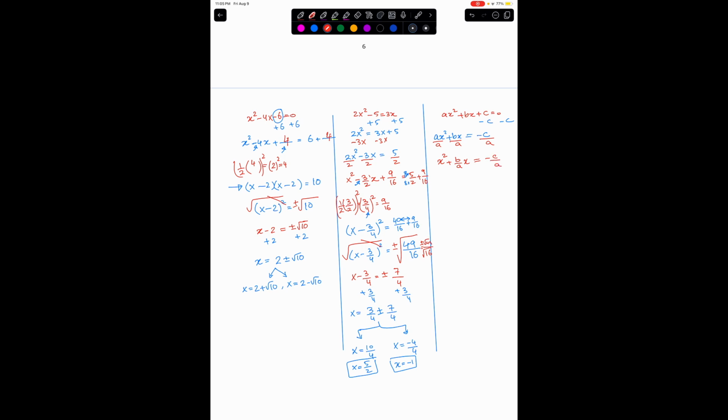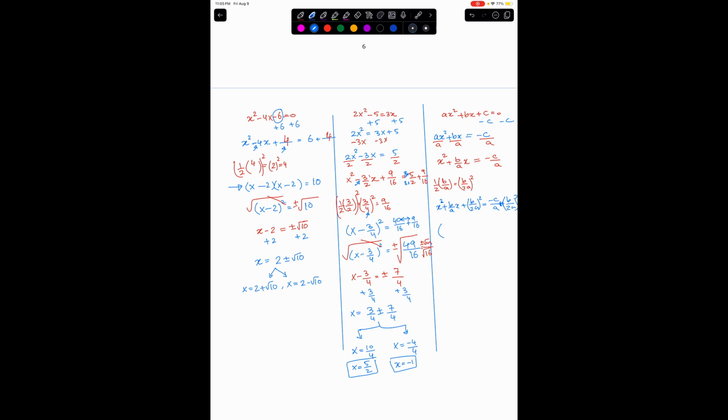Now we're going to add our magic number. Our magic number is basically the middle term times 1/2, which equals b over 2a, and then we're going to square that. I'm going to leave it like that. I'm going to add it to both sides of the equation, so we get x squared plus b over a x plus b over 2a all squared equals negative c over a plus b over 2a all squared.